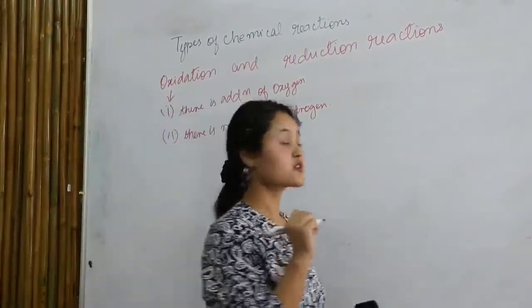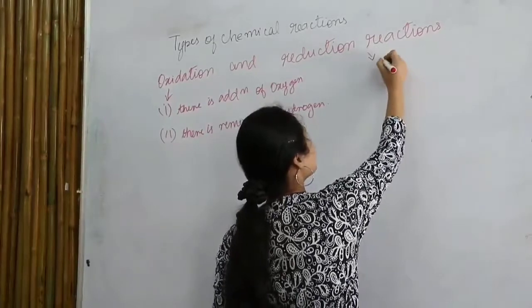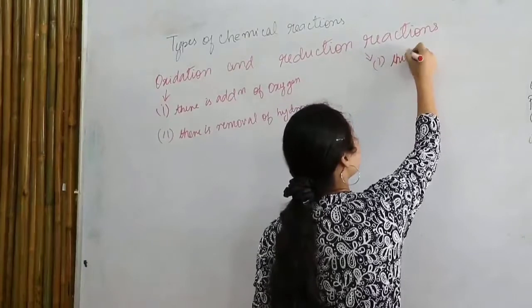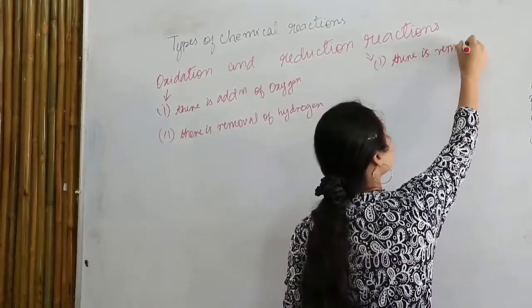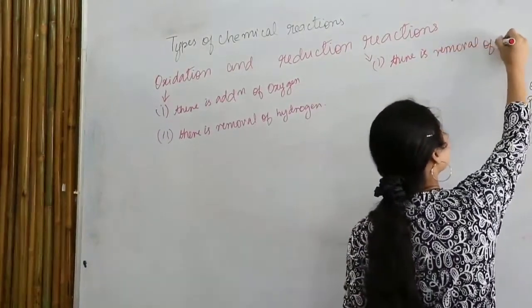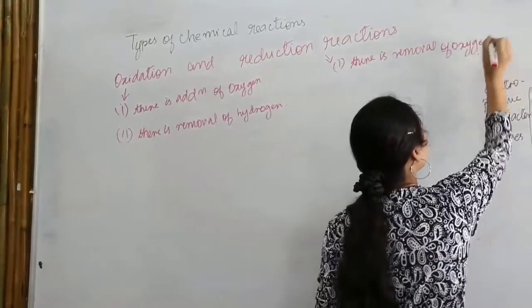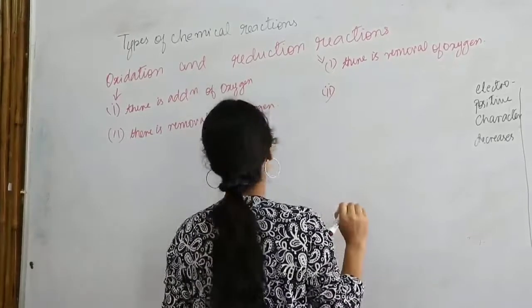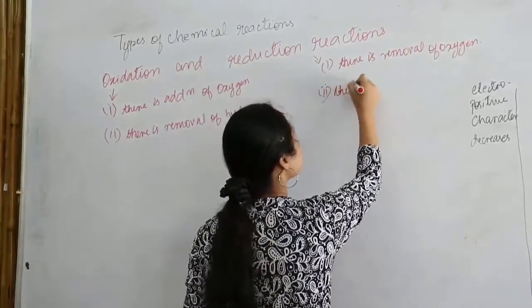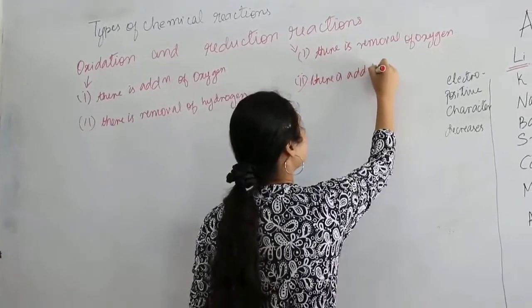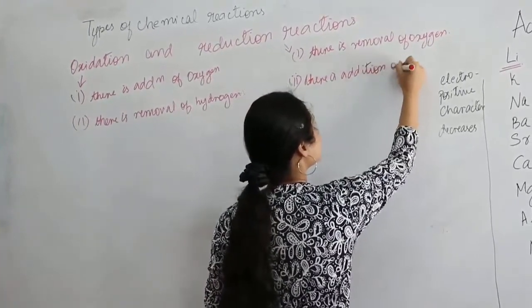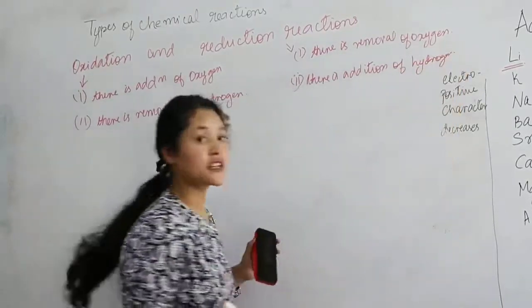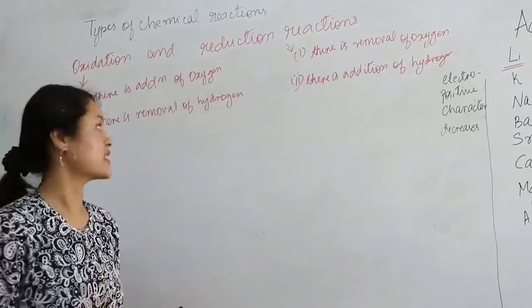What about a reduction reaction? It's just the opposite. A reduction reaction takes place when there is removal of oxygen from an element or from a substance, and when there is addition of hydrogen to a substance. Oxidation and reduction reactions are just opposite to one another.